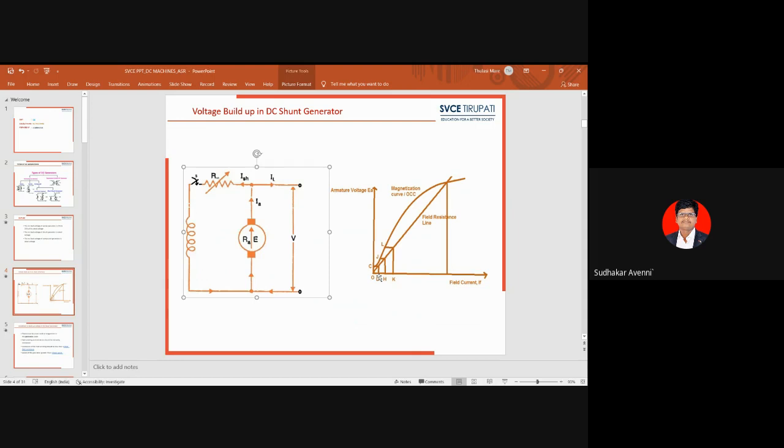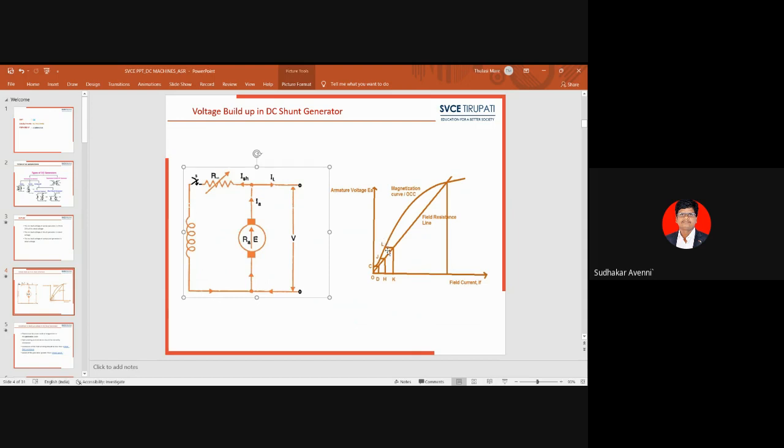When OD current increases, the generated voltage increases to point J. Then automatically, because of this increment of generated voltage J, again the field current flowing in the shunt field winding increases from OD to DH. Then the generated voltage increases to L.